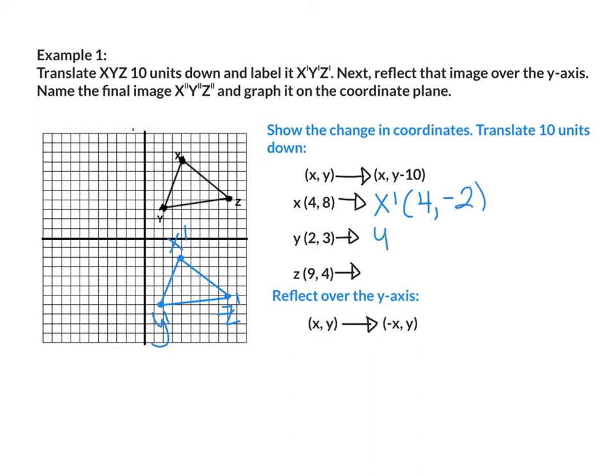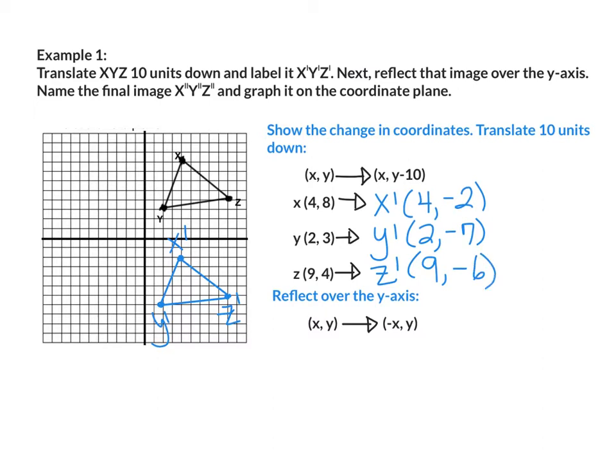Now my Y prime, the X value is going to stay the same, and then I'm going to subtract 10 units from my Y coordinate, so it would be 3 minus 10, which will give me negative 7. Now Z prime, my X coordinate stays the same, which will be 9, and then my Y coordinate, I'm going to subtract 10, so it would be 4 minus 10, which will give me negative 6. And those are my new coordinates.